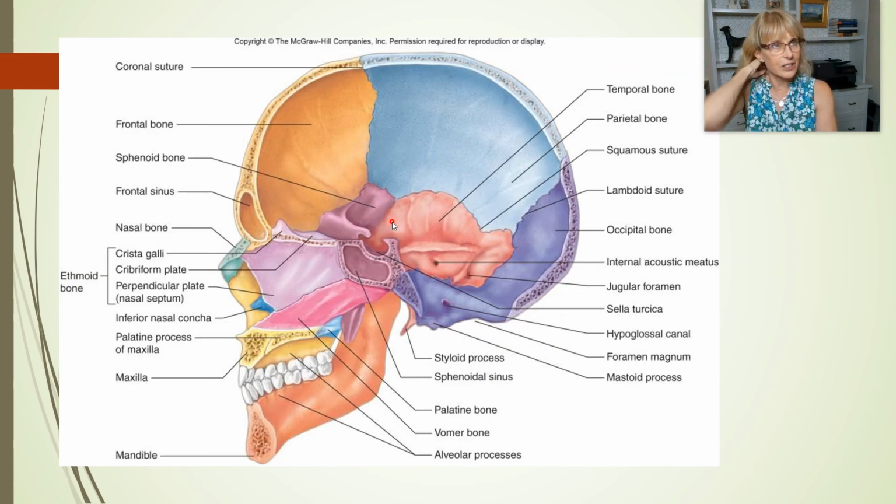And we have now started talking about the endocrine system, and the pituitary gland is a part of your endocrine system. And it sits right there in the Turkish chair, in the sella turcica. The sella turcica is in the sphenoid bone, right? Okay, so we have gotten through bones 1 through 6 on the skull. I am going to jump from there to the facial bones in the next video.